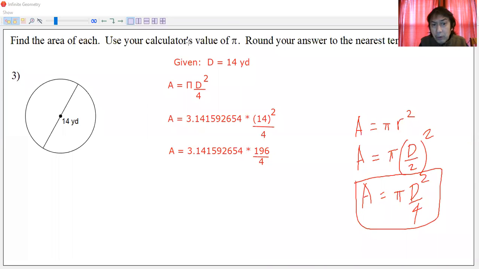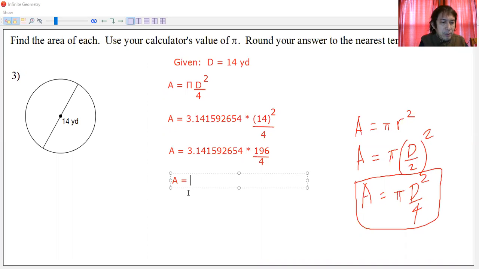So it's going to be 3.141592654 times 196 divided by 4. That will give us the answer. So we shall compute that. This will now be just the value of pi times 196 divided by 4.